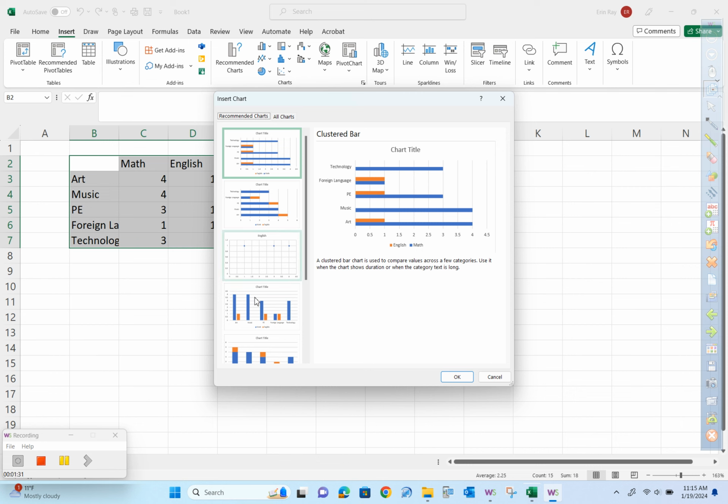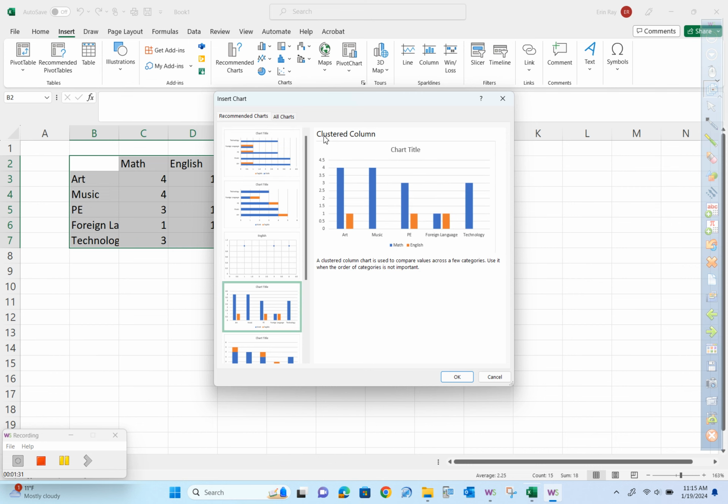I like vertical bars, so down here is our clustered column rather than our clustered row. And it gives us the instructions that we want to group not by elective on the x-axis, but by core class. That's not an option here, but we are able to change it after the fact. So go ahead and hit OK.